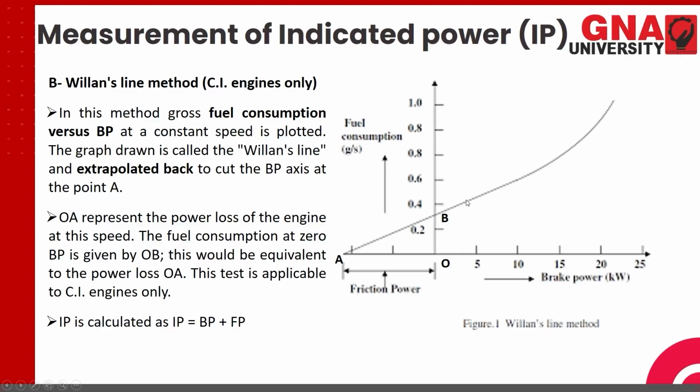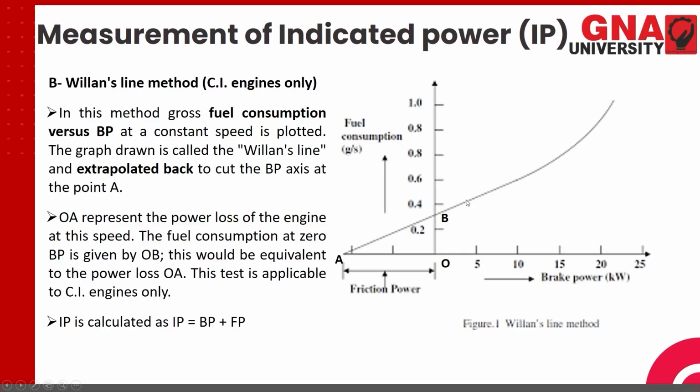So at constant speed, the brake power and fuel consumed are plotted, and you get a curve. You extrapolate this curve up to the x-axis. When we extrapolate it, this curve cuts the y-axis at B and the x-axis at A.